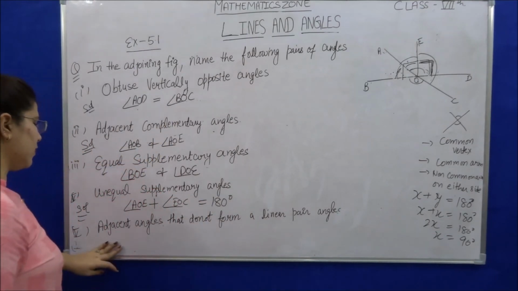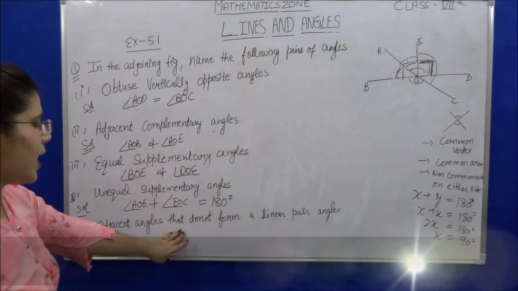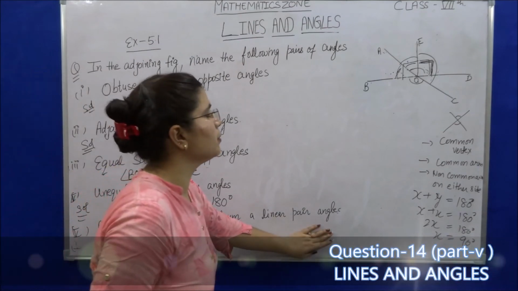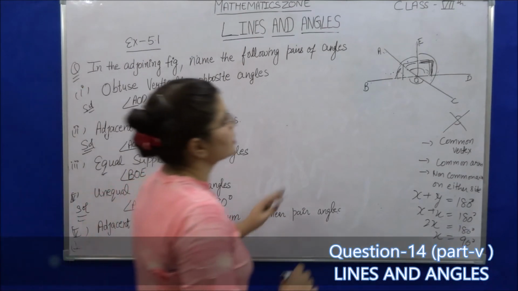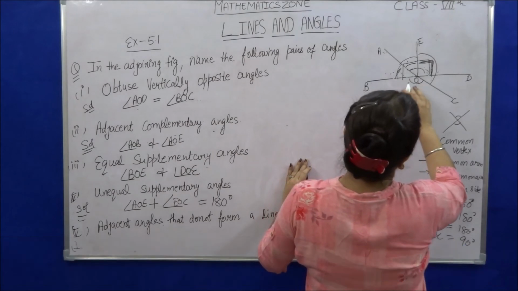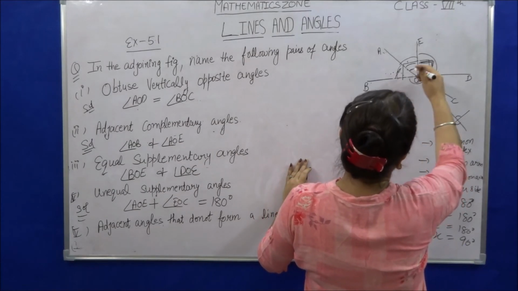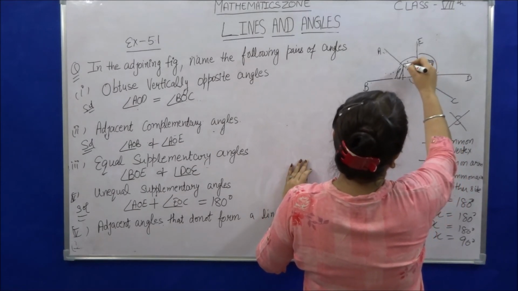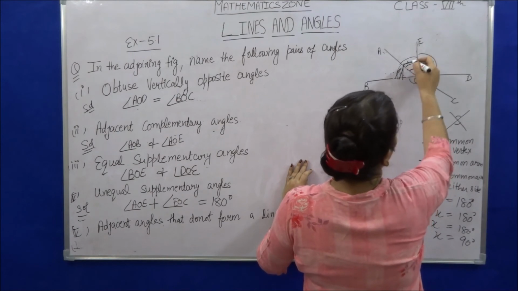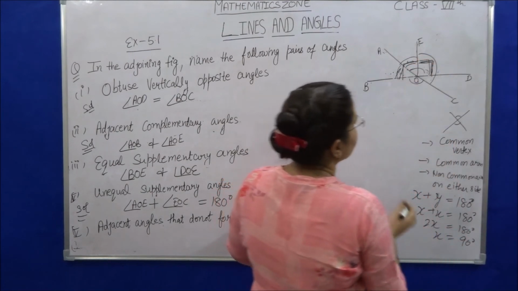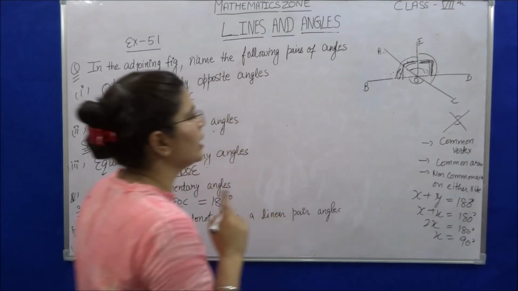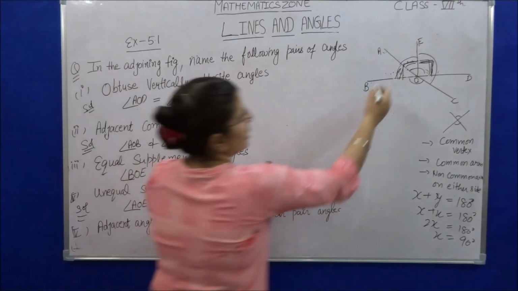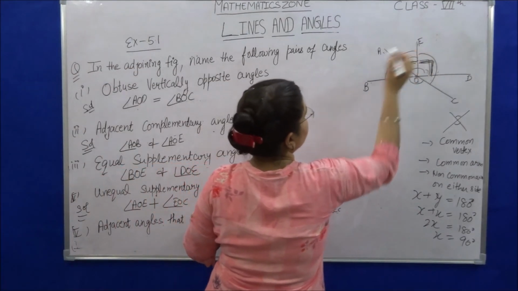Now the fifth one is adjacent angles that do not form a linear pair. So adjacent angles that do not form a linear pair are these two, which are adjacent angles and they do not form a linear pair. So angle AOB and angle AOE, this angle and this angle.